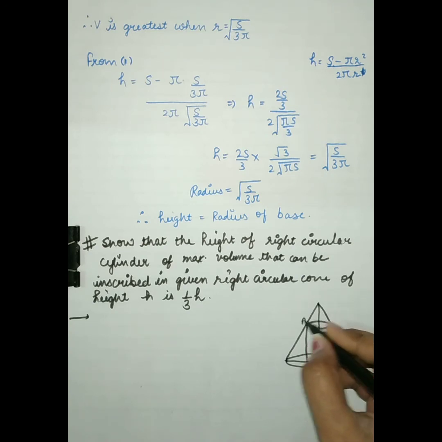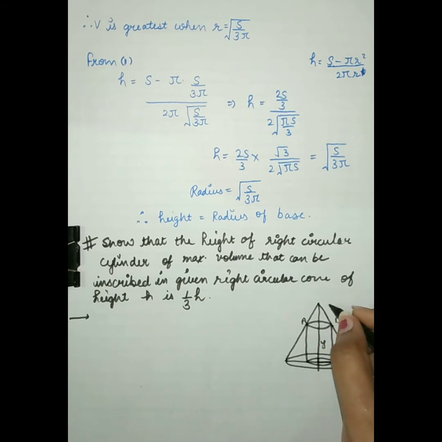This is the point A, B, and this is the point R, which makes an angle alpha here, and this point is small a, and Q will be there. Now let us start.